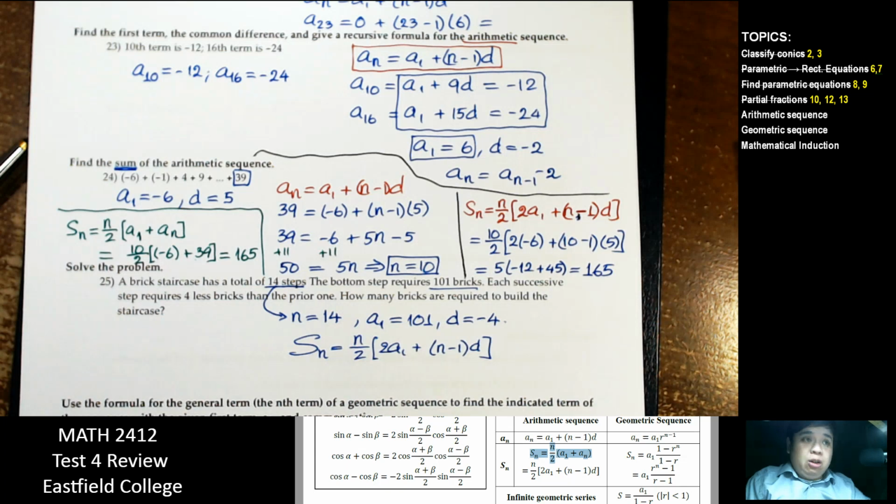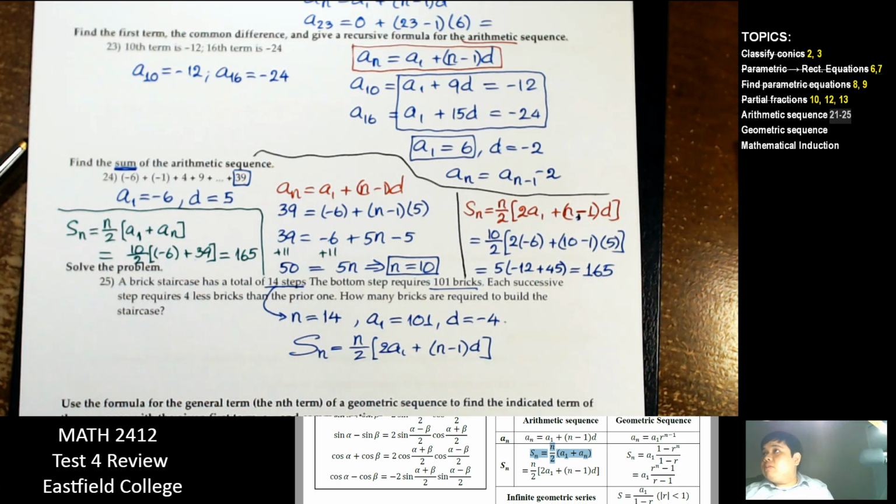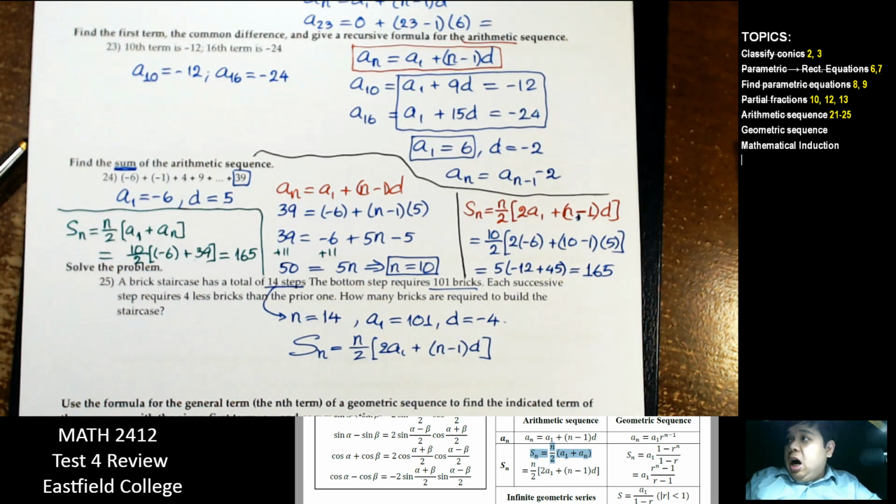All right, so that is arithmetic sequence. We have from 21 to 25. Right, geometric sequence.